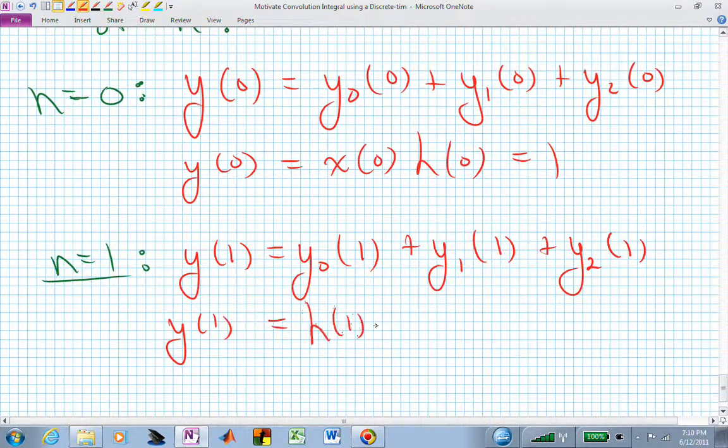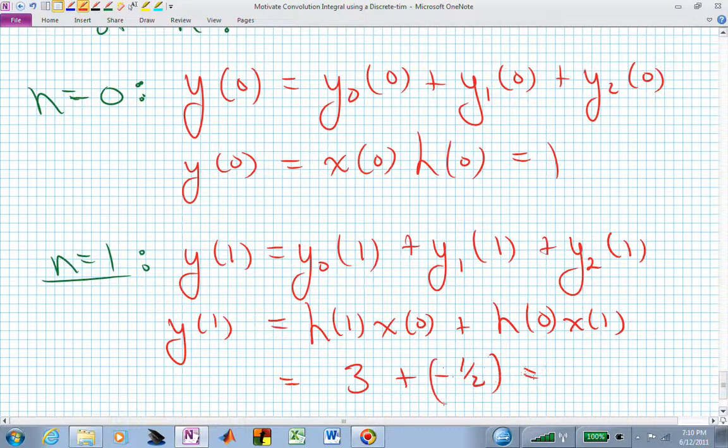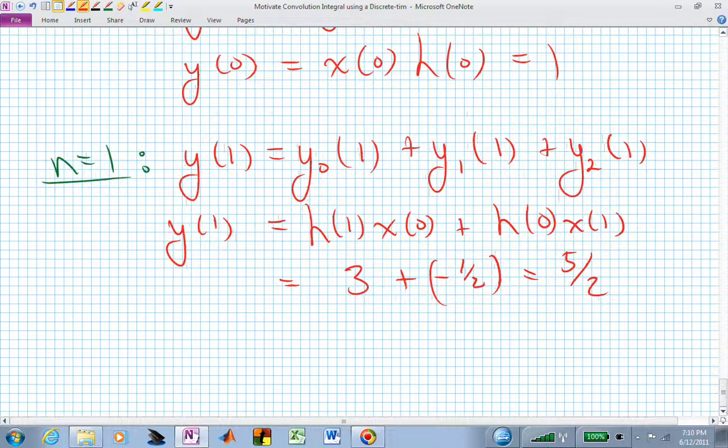That's now h of 1, x of 0, plus h of 0, x of 1, and those are the only two non-zero values. H of 1, x of 0 was 3, h of 0, x of 1 was minus 1/2, and so we now have 2.5 or 5/2 for the total response at time n equal 1, which is y of 1.